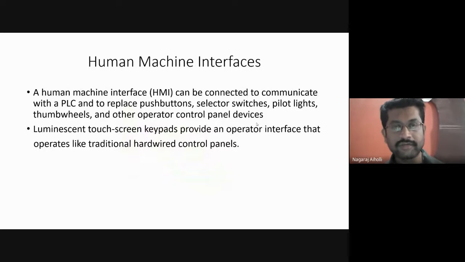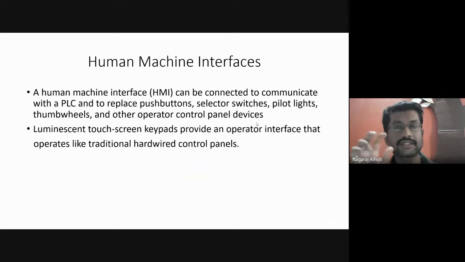Human machine interface, where touch screens are employed to perform the same functions as the push buttons or LEDs, or some other functionalities of the PLC, which are just displayed on your graphics, that is, on your touch screen.